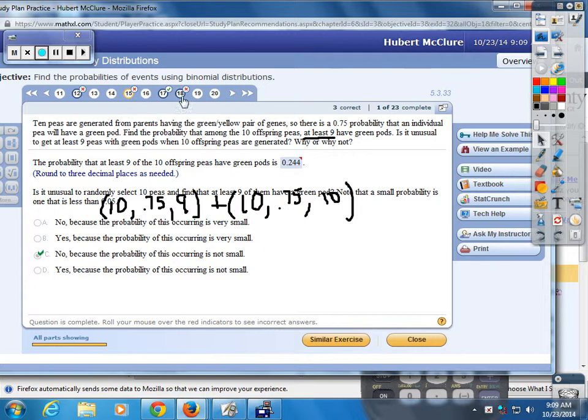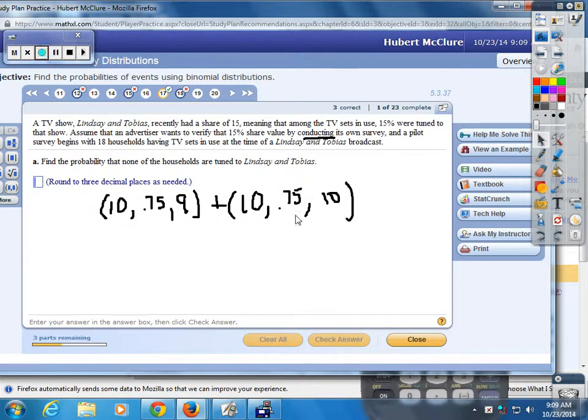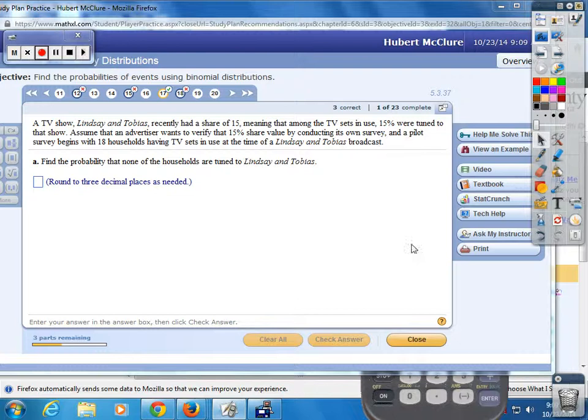All right, let's try another. Try that one. This is number 17. A TV show, Lindsay and Tobias, recently had a share of 15, meaning that among TV sets in use, 0.15 were tuned to that show. Assume that the advertiser wants to verify that 0.15 share value by conducting its own survey.